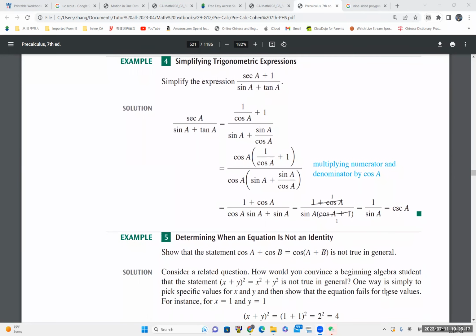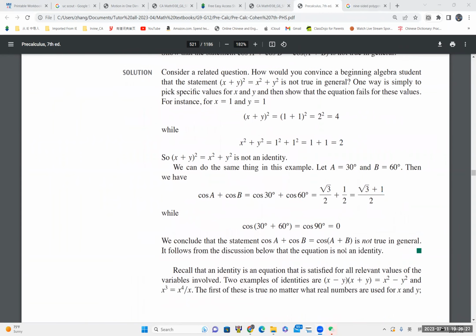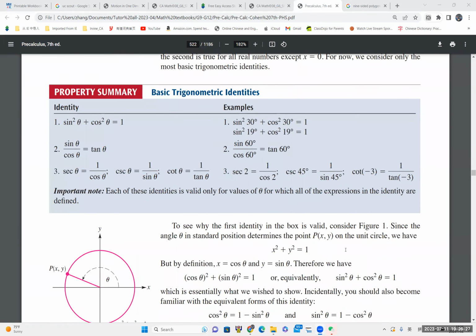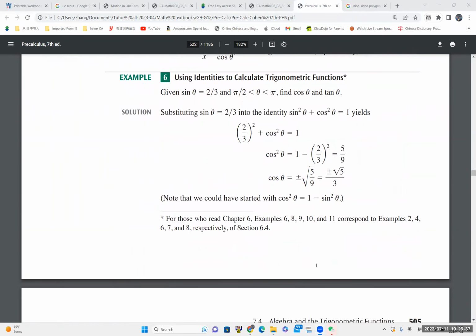Here means some algebraic operations for trigonometric, right? Property. Yeah, just some basic thing. Use identity to calculate the trigonometric function.